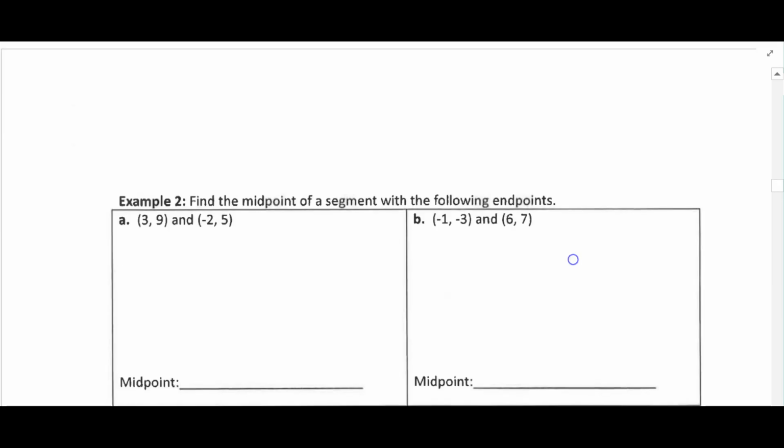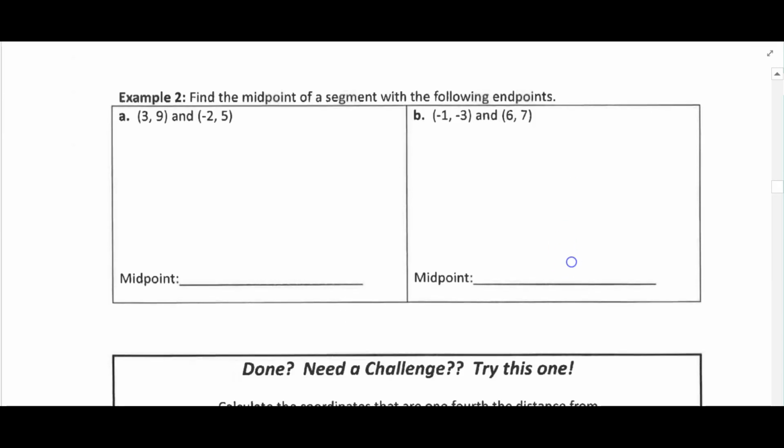So let's go to example 2, find the midpoint of a segment with the following endpoints. Again, let's do some highlighting. Here are my x values, and here are my y values, and we'll find the midpoint. So we're going to add the x values, 3 plus -2 divided by 2, the average of the x's. 9 plus 5 divided by 2, the average of the y's.